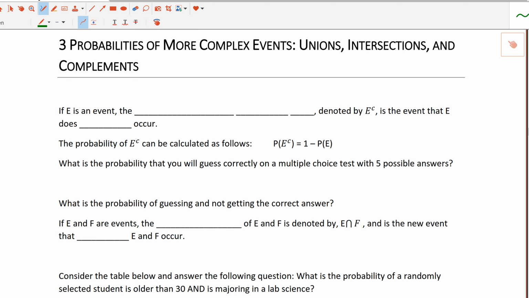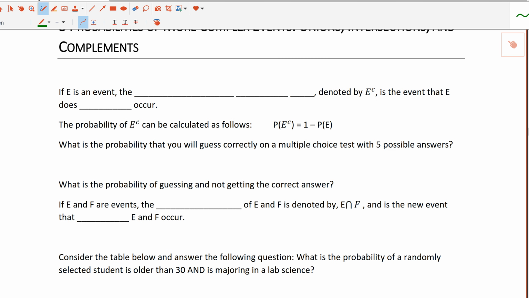Okay? So if E is an event, the complement of E, and in this textbook, the complement of E is denoted with a capital E with a C power, with a little c for complement.